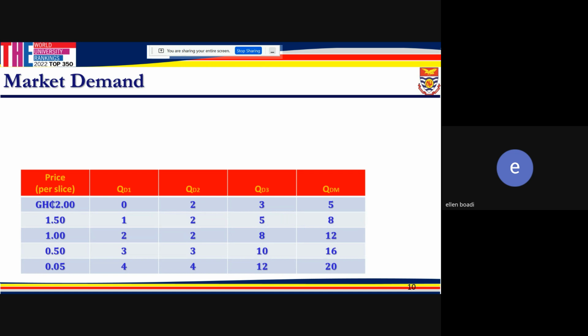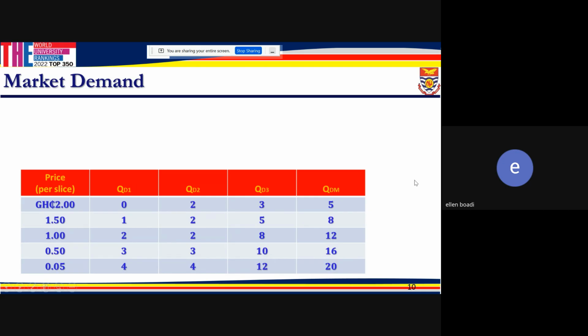For market demand, this is where you bring the demand of all the individuals in the market together. So for instance, if we are all purchasing bread, and we have different prices, each of the individuals is supposed to purchase a certain quantity.